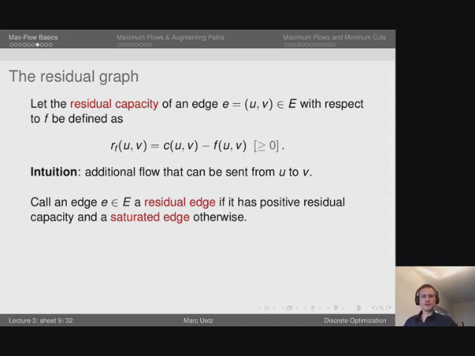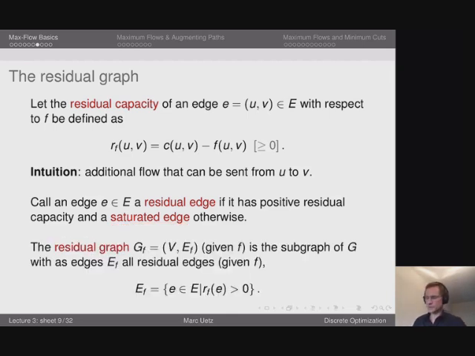I call an edge a residual edge if it has strictly positive residual capacity, strictly larger than 0. And if this is equal to 0, that means such an edge is saturated. So I'm using all the capacity of that edge already, and hence this edge is called a saturated edge.